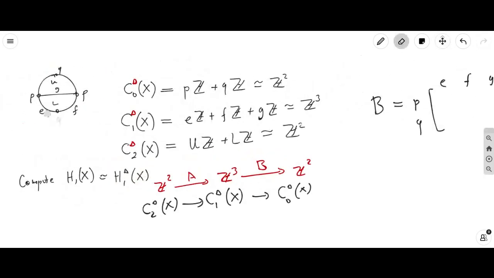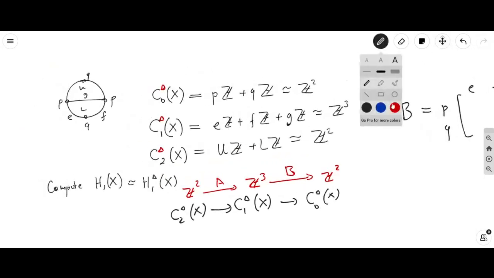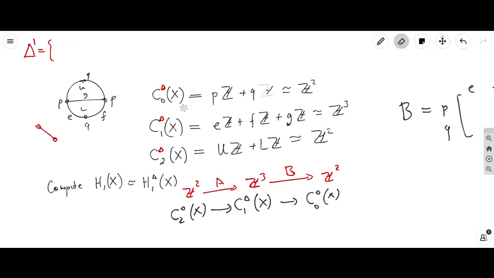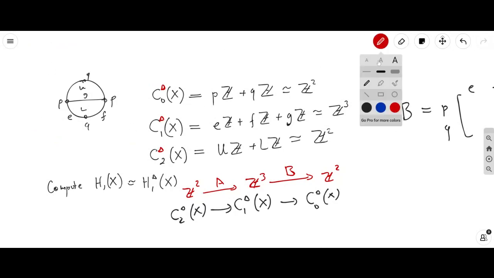So it's always a question of orientation, how you map it. You see, the one simplex by definition looks like this. It's a subset of R2.